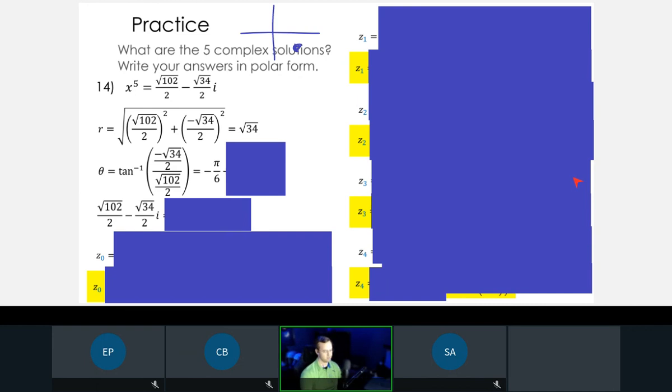I don't remember, it all blends together. So we do want to add 2 pi to it. So the angle is 11 pi over 6, which is still in quadrant 4.